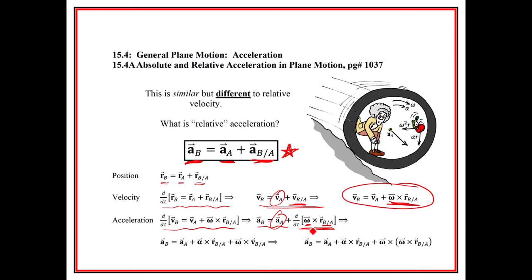So when we take the time derivative of the omega, we just get alpha. But now we take the time derivative of the second part, we need to multiply that first part, and we get the relative velocity right here. But we already know that relative velocity was equal to this. So we have omega crossed with omega crossed with r right here. And notice that the parentheses apply right here.